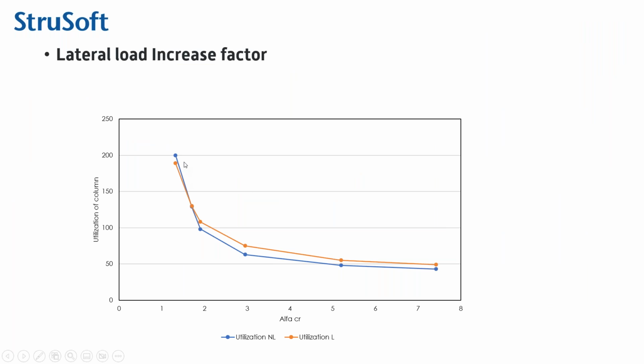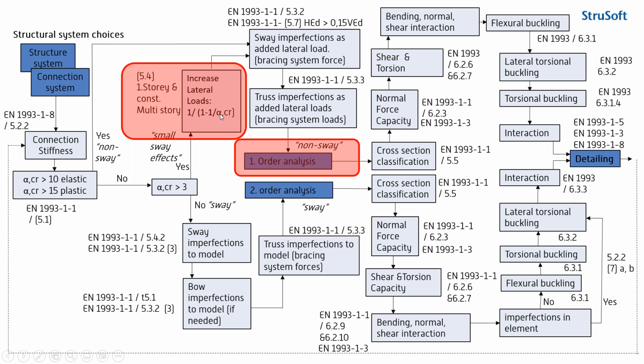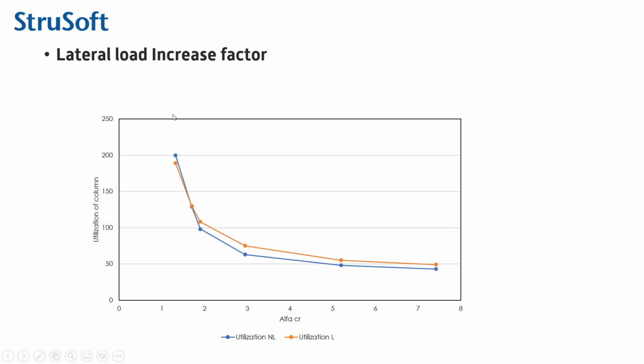Here you can see the utilization of columns if you calculate with the linear theory and nonlinear theory. And the linear theory will correlate really well with the nonlinear theory if you take into account this additional increment of lateral loads like wind loads. You increase your wind load with this factor. But eventually when the alpha critical goes low and your structure is really slender, then the nonlinear will give you more accurate results.